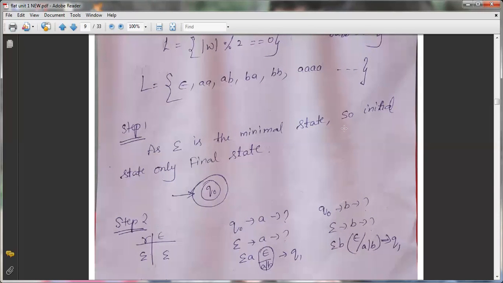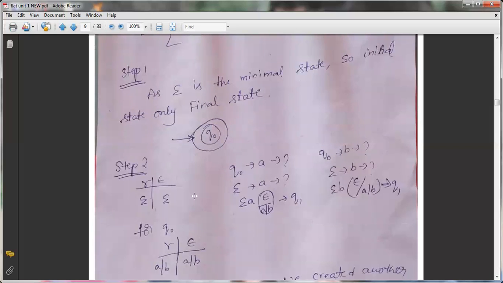So if epsilon is the minimum state, the initial state and the final state should be the same. We will take it as Q0. Initial state and final state should be the same, so we take it as Q0 here. Then what is the read value for Q0?